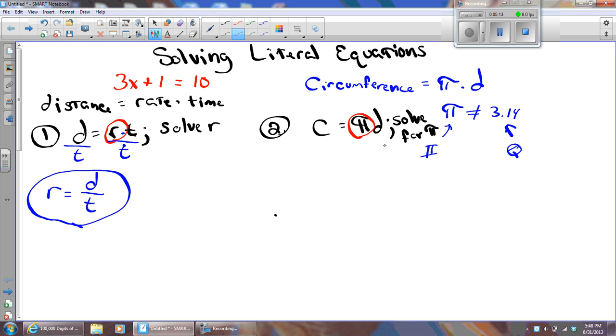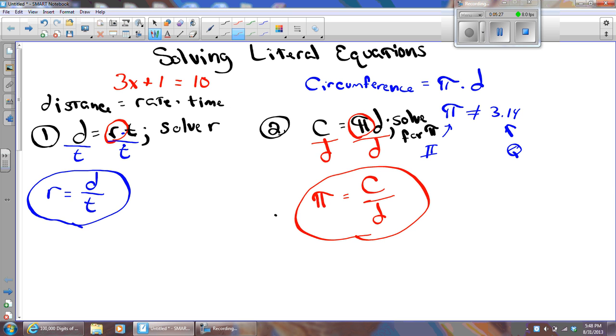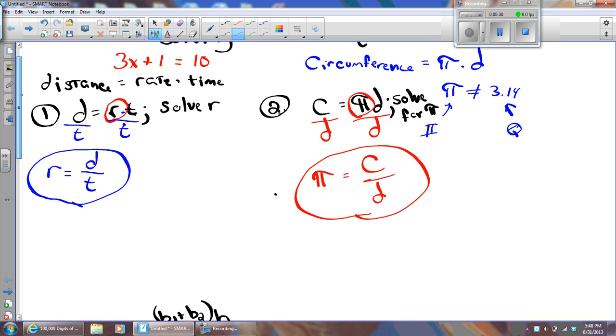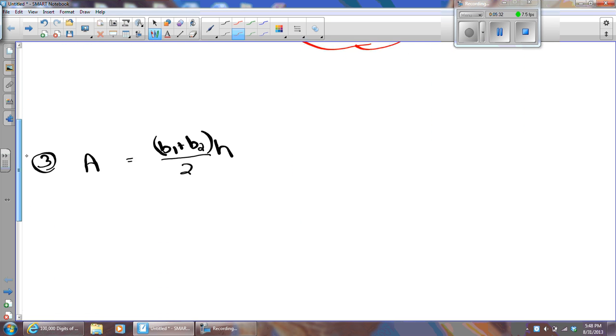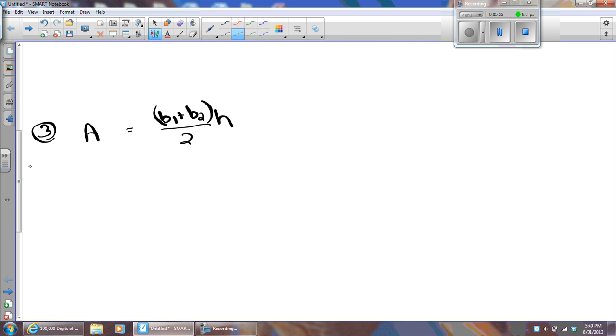How is it attached? Multiplication. How will I undo that? Well, I'll divide each side by d. And so I'll get pi can be found by taking the circumference and dividing it by the diameter of a circle. Okay, this is pretty easy stuff. You just have to realize that the other letters act just like numbers. They're just unknown numbers is all they are.